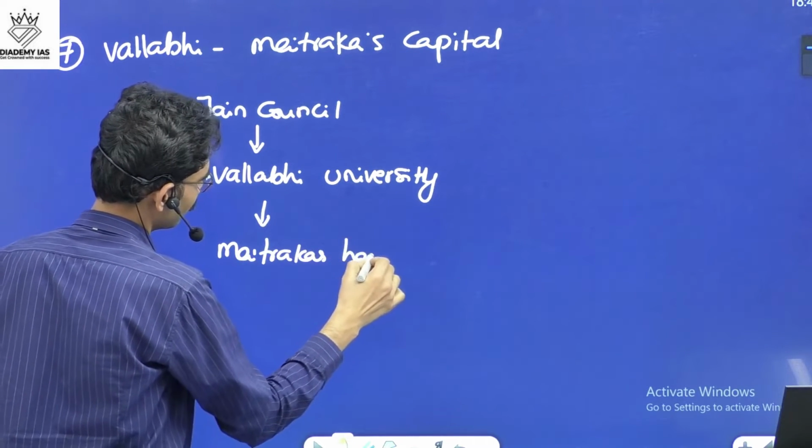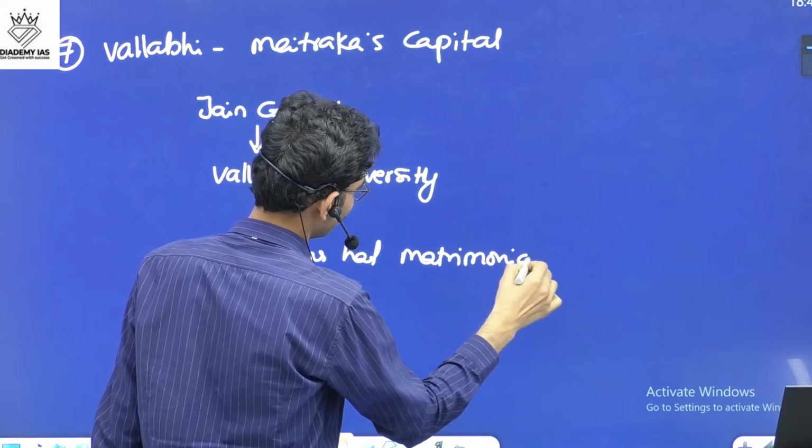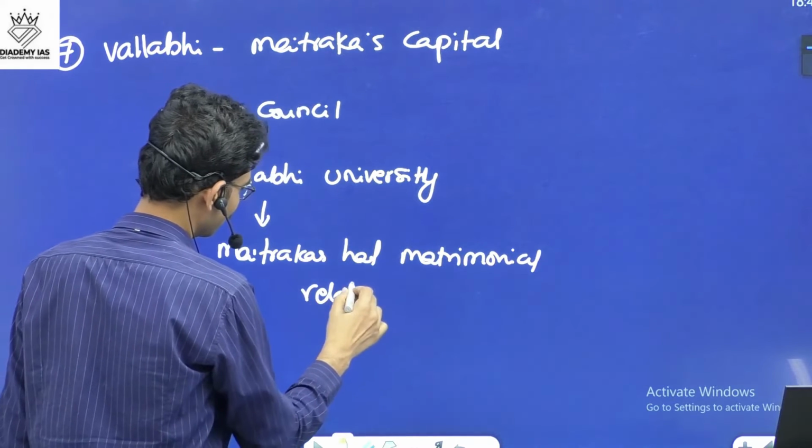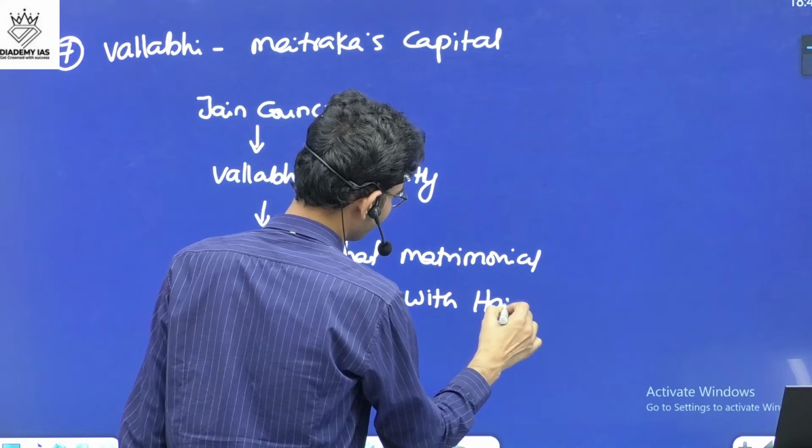Maitrakas had matrimonial relations with Harshavardhana.